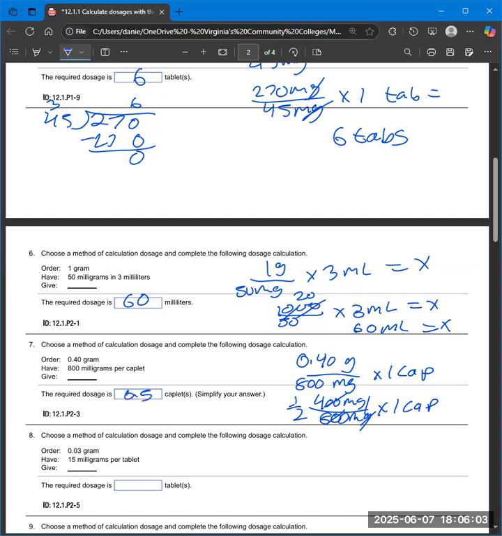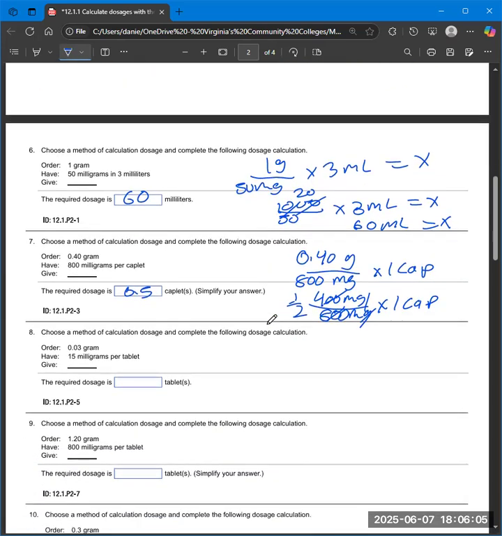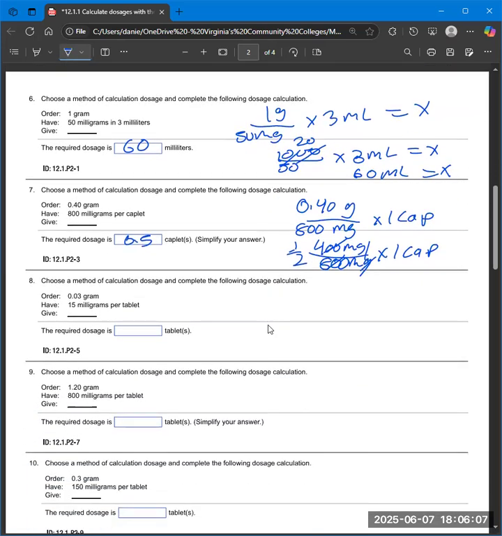So hopefully those caplets are scored in half. Otherwise, you've got a problem and you need to go back to the prescriber and say, I can't cut this pill in half. Your order made me have to give them half a pill and I can't give them half a pill. What can be done here? So maybe there's a pill that's smaller. Maybe they have to give it to them some other way and can't give it to them with the pill.